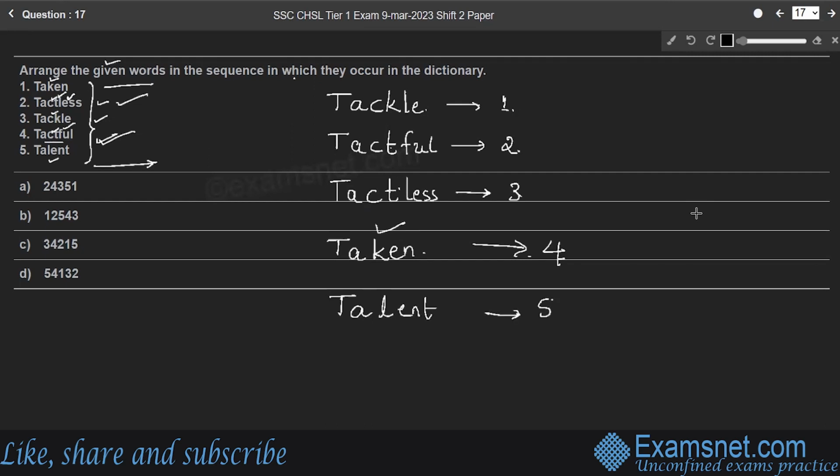According to the given order, tackle is the third word, then comes tactful, the fourth one. Tactless is the second word. Taken is the first one. Talent is the fifth one. Therefore, the arrangement is 3, 4, 2, 1, 5. Option C is the right answer.